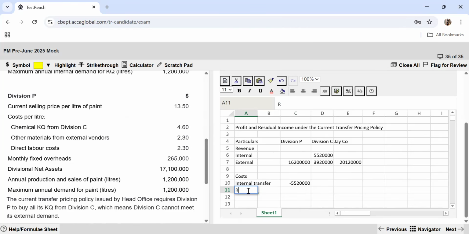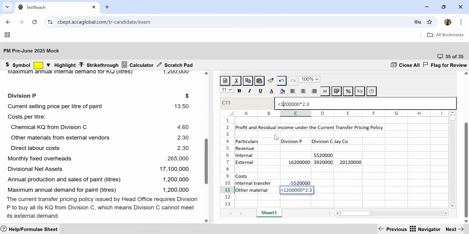So I'll say externally purchased materials, or you can say other material. Other material that division P pays for, so they are manufacturing 1,200,000 and the other material that they get is for 2.3. So this is what they must be paying for the external material. You take this also as a negative figure.